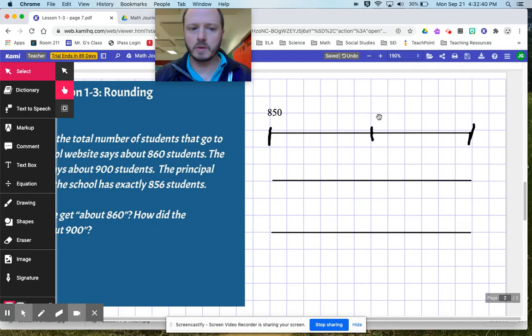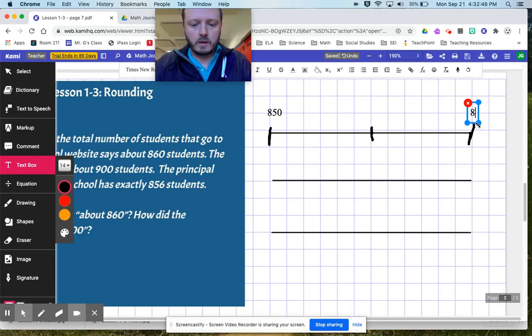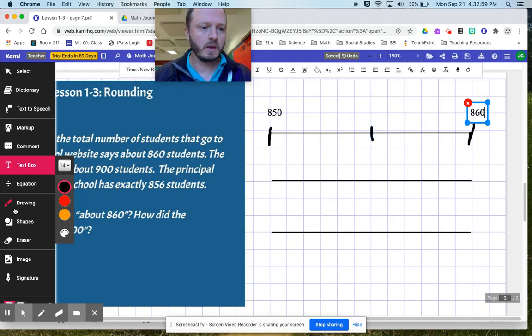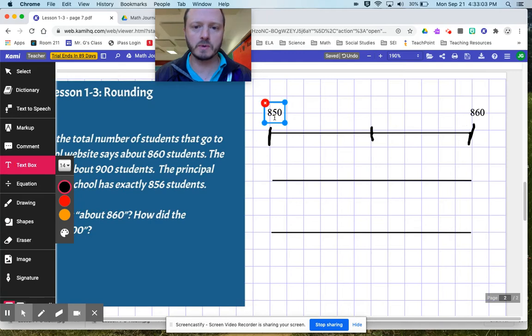And we're going to type in over here, 860. Now, the number that goes here is not 856. It's actually the halfway point, okay? And that halfway point number, what's halfway in between 850 and 860?